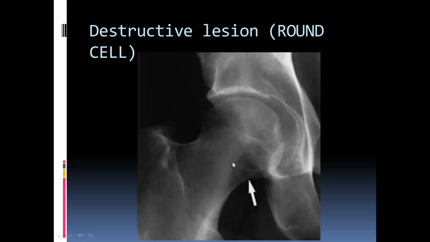Here we have a destructive process along the neck of the femur. Destructive process which is mainly medullary. The cortex is thinned out, and this is because still there are tensile fibers getting the body weight here, compensating for this weakness. Round cell tumors can do these erosions, these lytic permeating lesions.